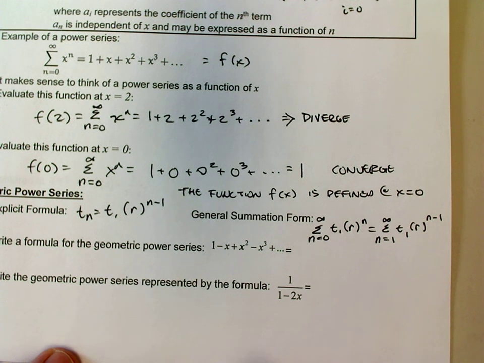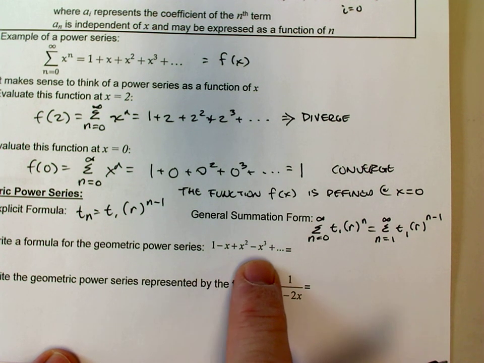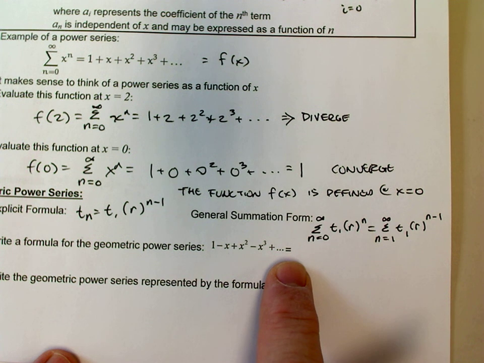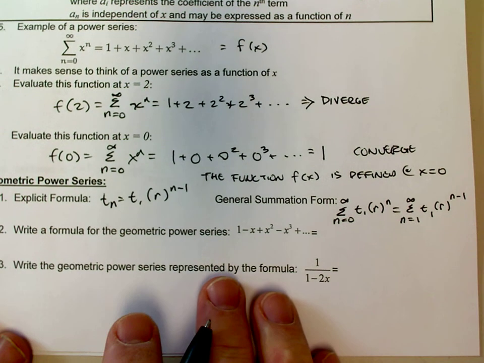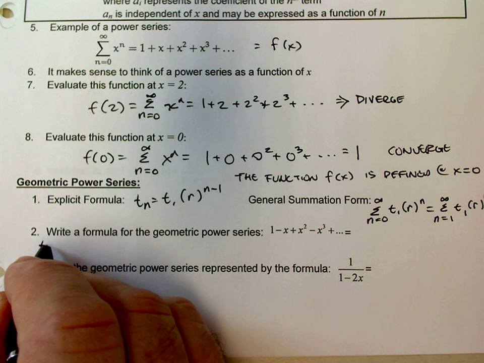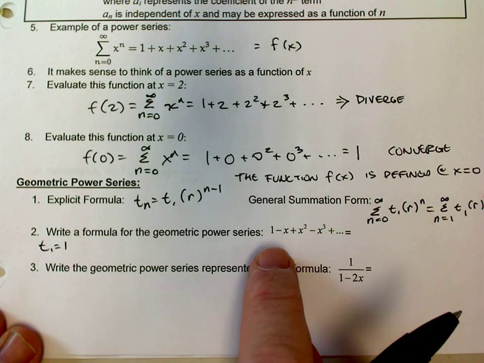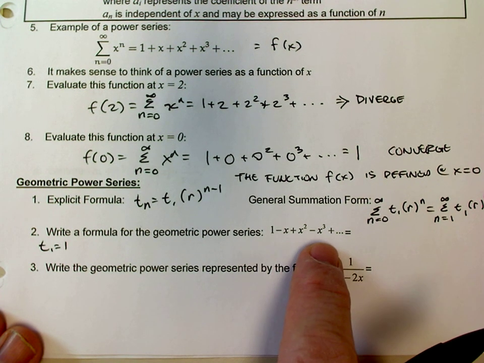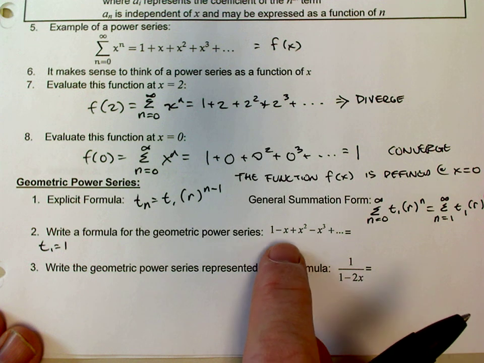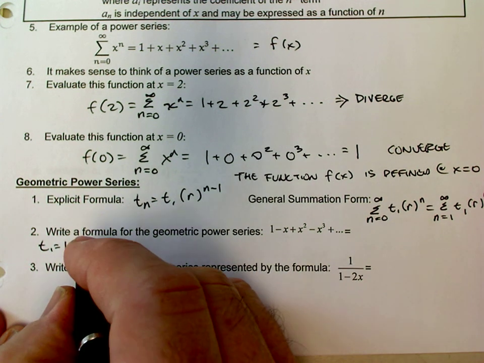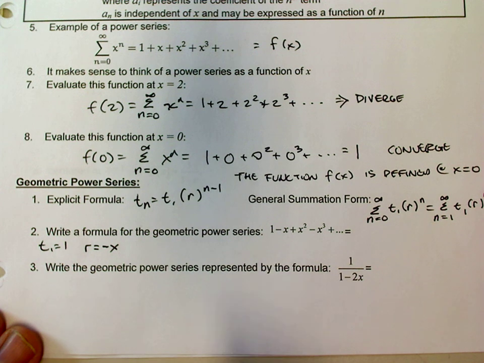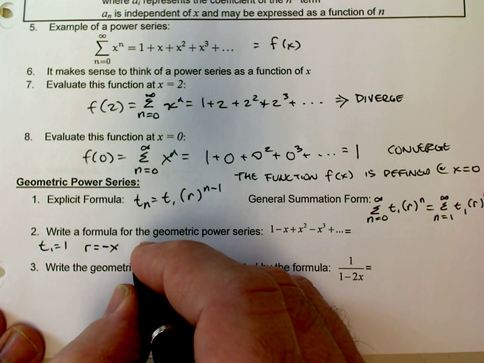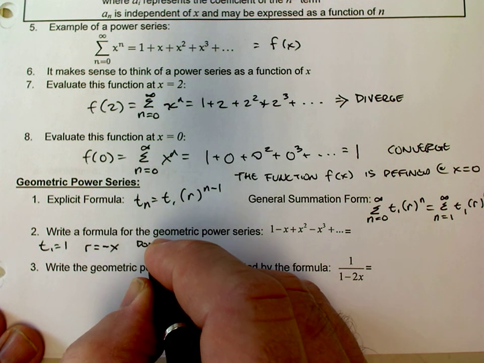So, if we have a geometric series that looks like this, let's write a formula for that. Quick analysis, like we've done before: we notice that the first term is 1, and then you can see times x times x times x, but we also go negative, positive, which is telling me that the common ratio has to be a negative value, in this case negative x. So let's check our domain here.